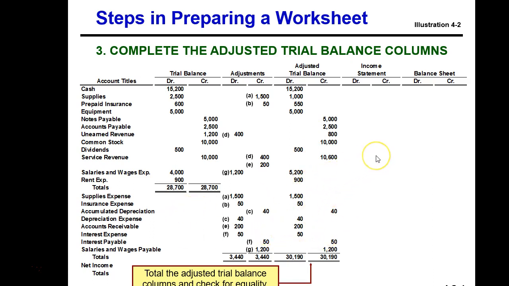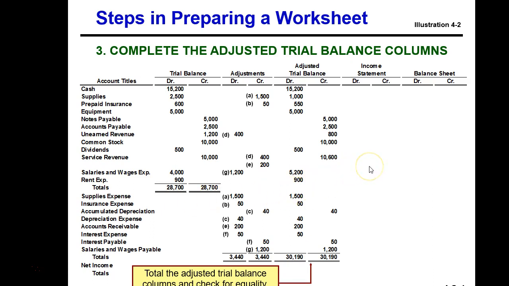Next up, you have the income statement section of the worksheet. You want to ask yourself what types of accounts appear on the income statement, and you are correct. It's going to be your revenue accounts and all of your expense accounts that appear on the income statement section of the worksheet.